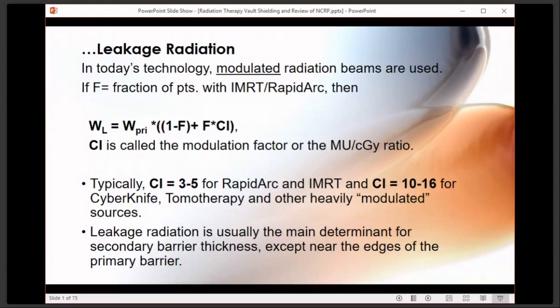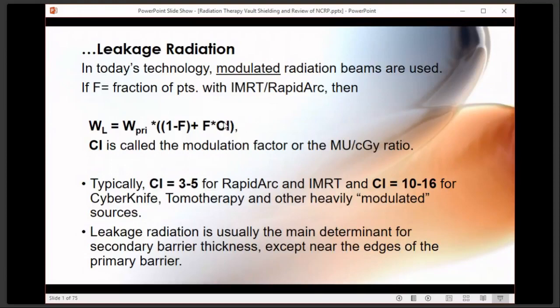So if, for example, F is the fraction of patients treated with something like IMRT or RapidArc modulated beams, then the leakage radiation workload is going to be the primary workload times a factor which is basically the percentage of treatments that do not involve modulation, plus the fraction that are being modulated times a so-called modulation factor.